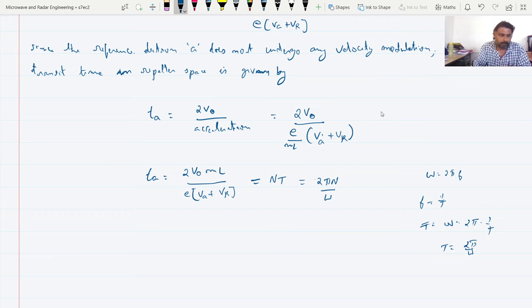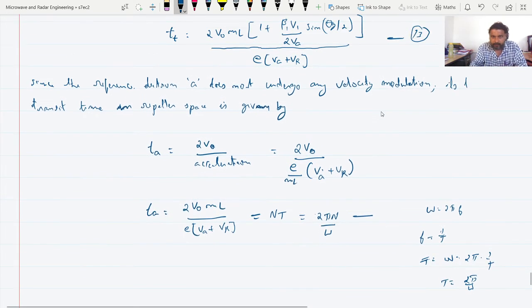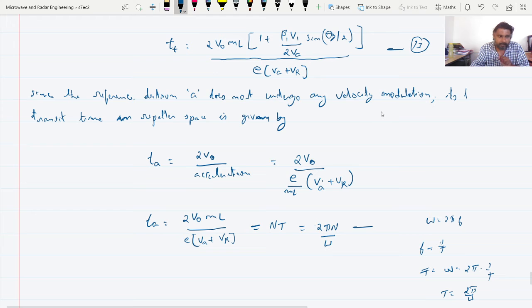Okay, 2 pi N by omega. I will call the earlier one equation 13, and I will call this equation 14. 2 pi N by omega is nothing but equation 14.